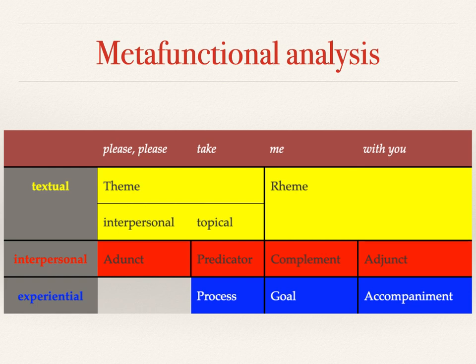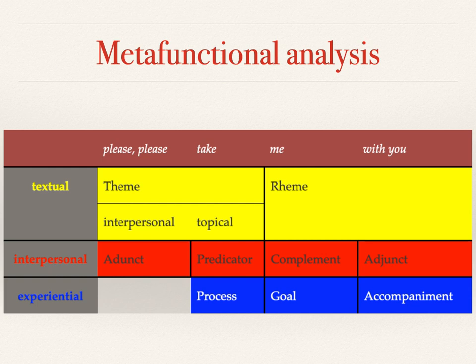So in the metafunctional analysis then, we've gone through the clause as a message, that's the texture layer, theme plus rheme. We've looked at themes consisting of only topical theme, or possibly a textual theme and a topical theme, or interpersonal theme and a topical theme. And now we're moving to the clause as a move in interactive dialogue.